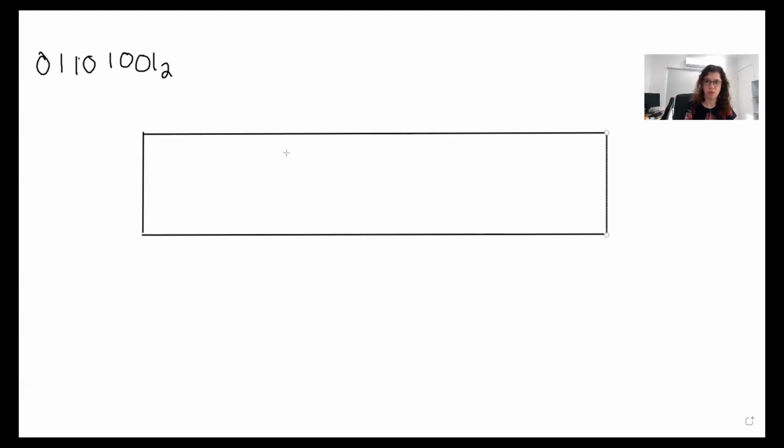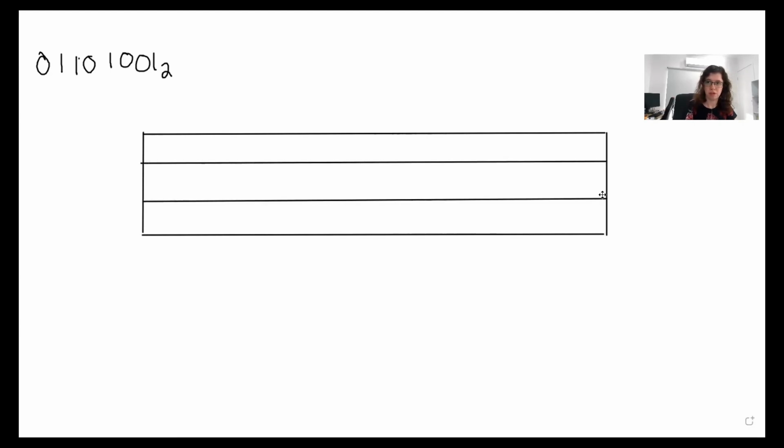In this table, we'll have 3 rows. The first one is for our actual number. This one's going to be for our place values of binary, and this one's going to be combining the two, so the interim result.